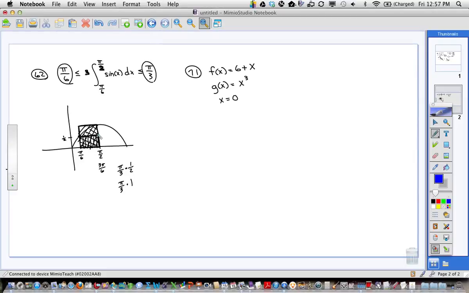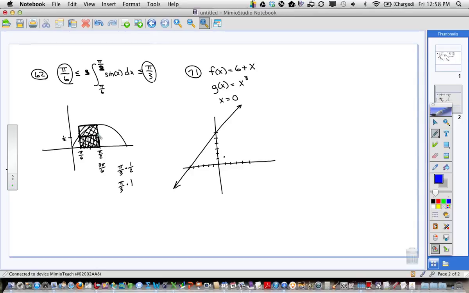Okay? Well, let's graph it first. So we've got y equals x plus 6. So that would be 2, 3, 4, 5, 6. That would be a line with slope 1 that goes up there through 6. Okay, x cubed goes through 0, 0, goes through 1, 1.